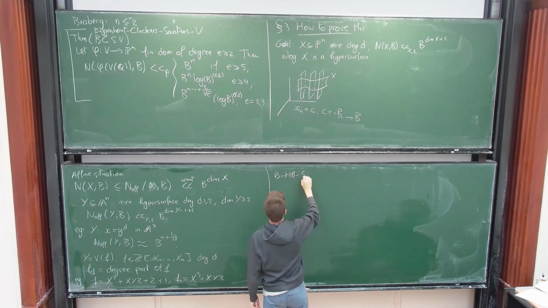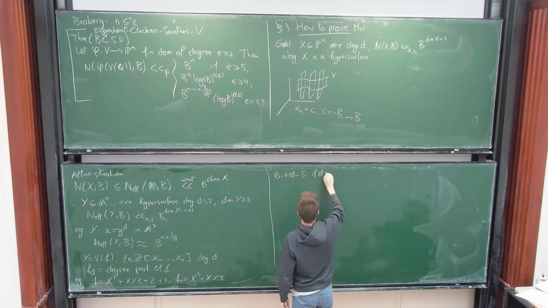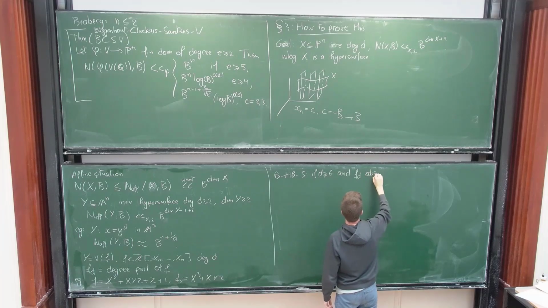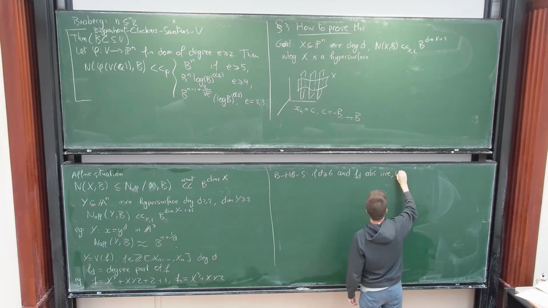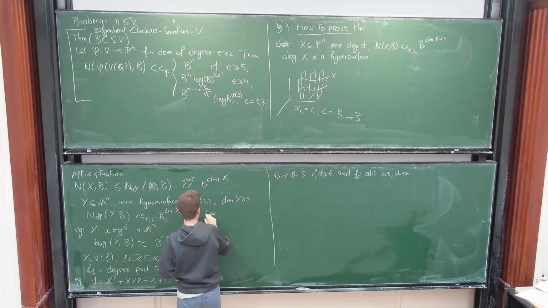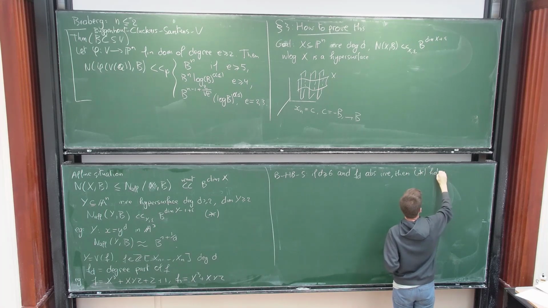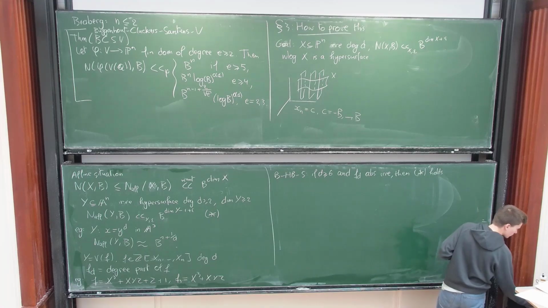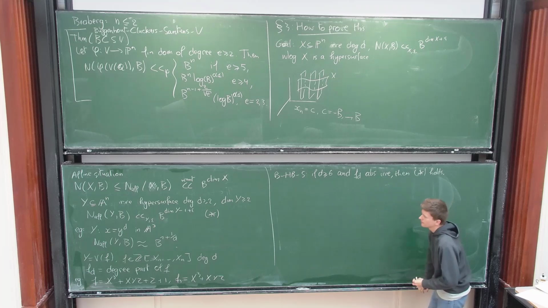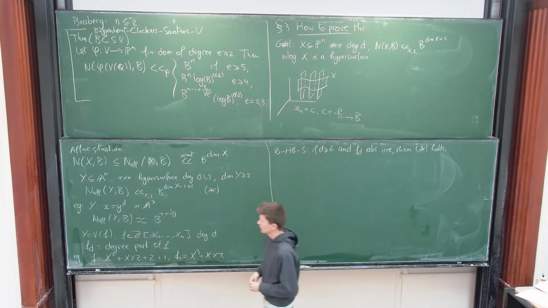Okay, and then what Browning and Salberger prove is that if d is at least 6 and f_d is absolutely irreducible, then this bound holds. Now we can actually do better than this.